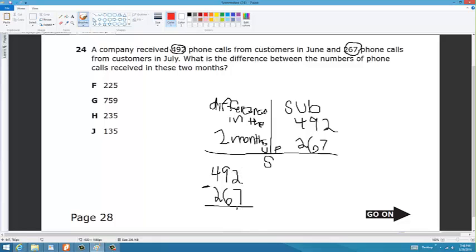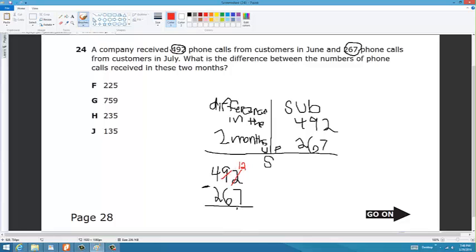So we're going to look at the ones place, and right now it's asking us to do 2 minus 7. Well, that's really not possible for us in this ones place yet. So we're going to cross out this 2. It's going to become a 12. Now, where did we get this extra 1? We had to borrow it from our neighbor right here.